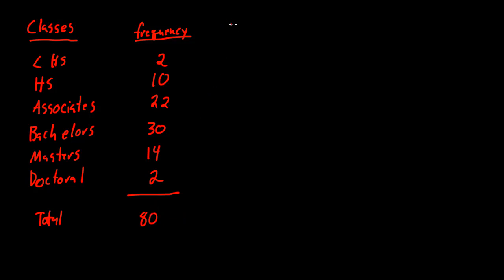Now to get our class relative frequency, we are going to just simply divide the number for each of the different categories by the total number of people that we have. So for class relative frequency for less than high school, we say 2 divided by 80 is equal to 0.025.